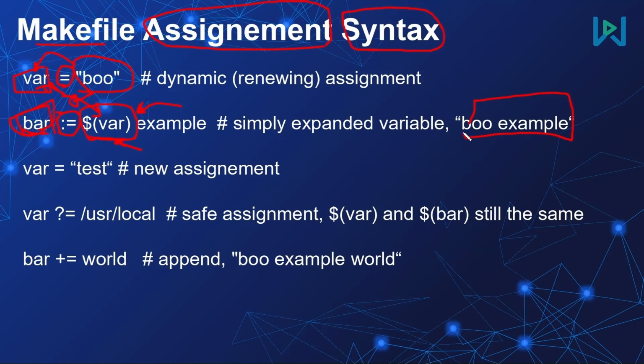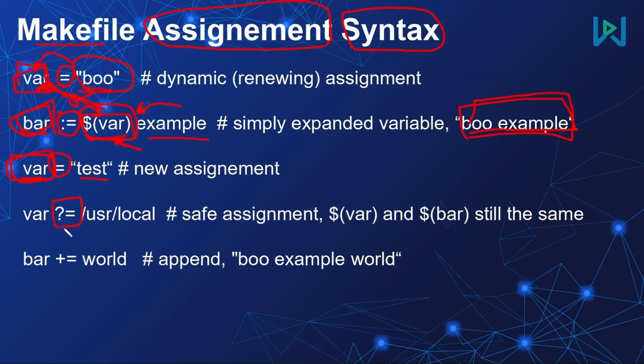So instead of assigning boo example, we can just assign $(var), which represents the content of our var variable, and then example. So this is similar. We can overwrite an existing value of a Makefile variable, again via direct assignment. So now the content of this var Makefile variable will be test instead of boo.